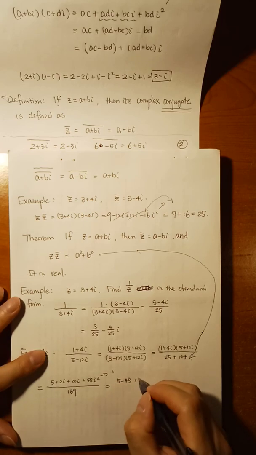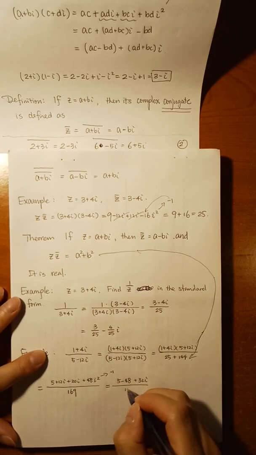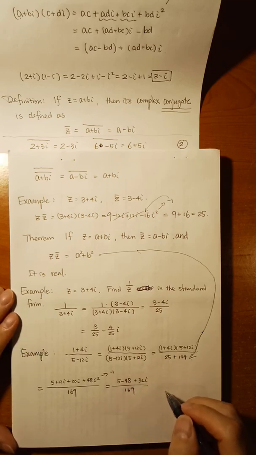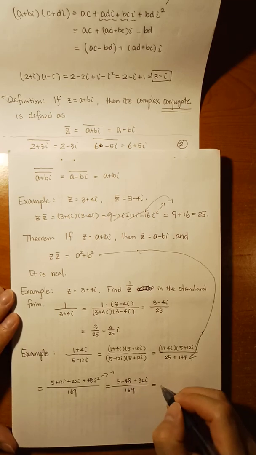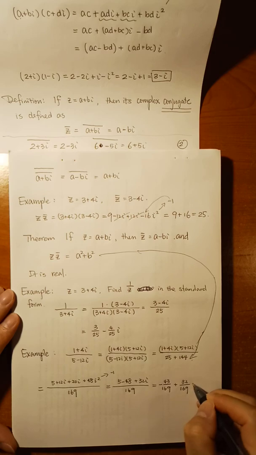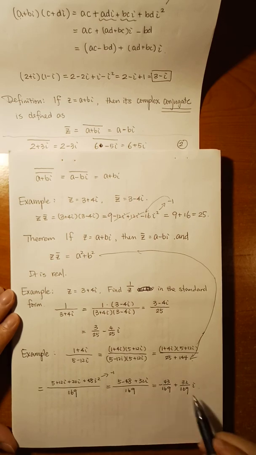And this is 32i over 169. And 5 minus 48 is negative 43. So the result is negative 43 over 169 plus 32 over 169 times i.